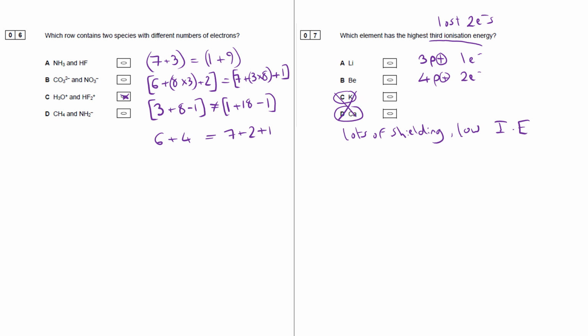In both of these cases, there is no shielding. So the electrons are very close to the nucleus, and of course the atom with more protons would have a greater electrostatic attraction to that outer electron. So beryllium would have the highest third ionization energy.